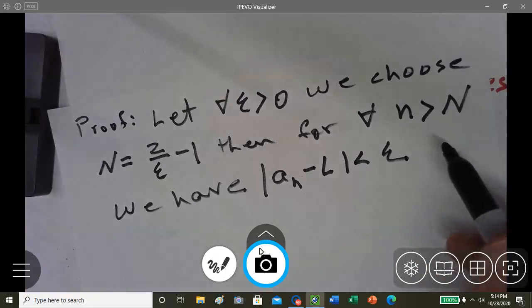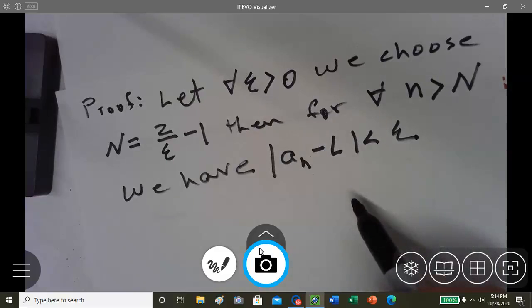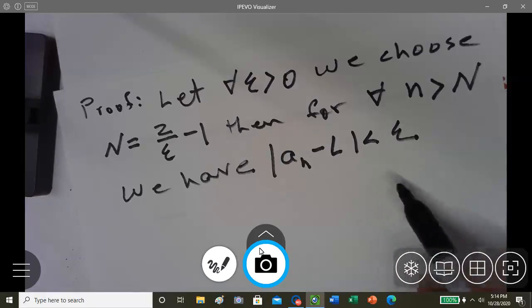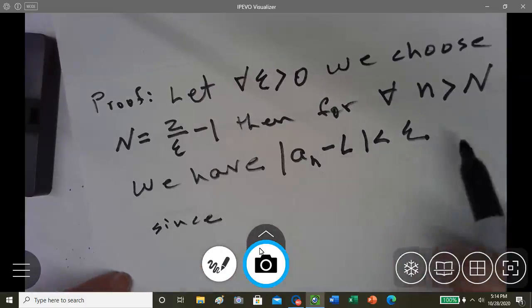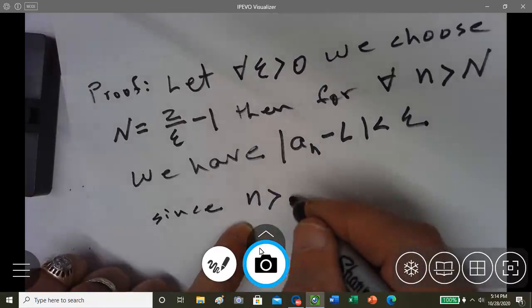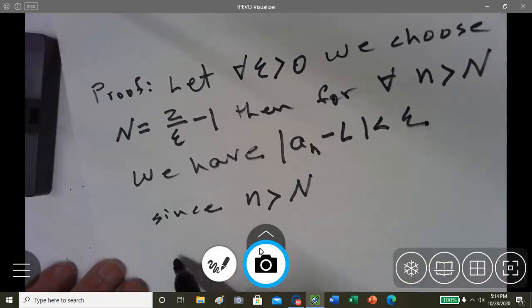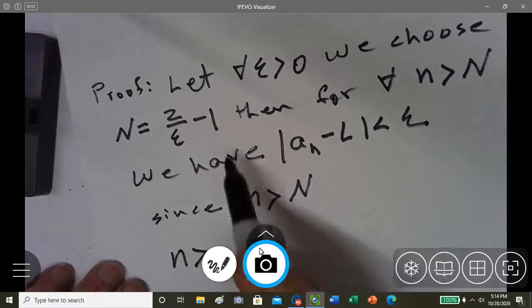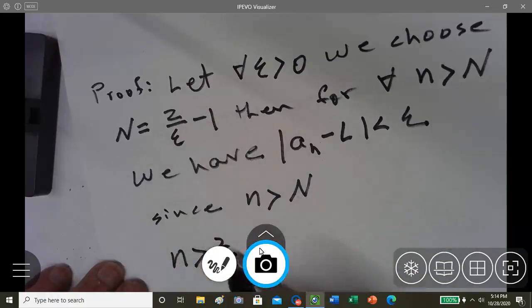So basically, from here we can say that since our sequence n is larger than our boundary N, then n is greater than our boundary N, which is 2 over epsilon minus 1. We can say that n is greater than 2 over epsilon minus 1.